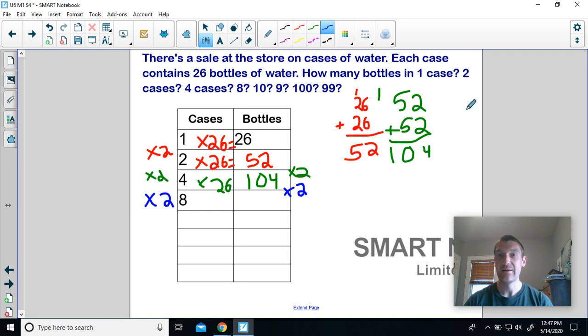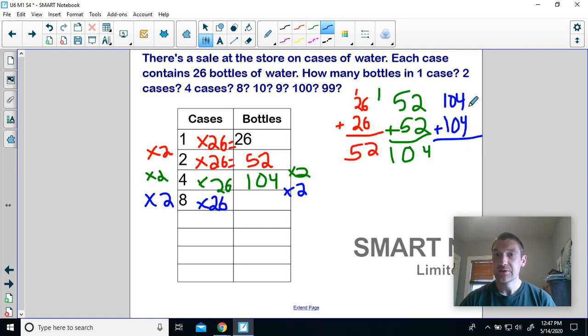So now I'm going to double my 104. This is a way that a lot of smart mathematicians would solve these problems instead of trying to do 8 times 26. Because you could set up an area multiplication problem, but this is the way that I would think about it.